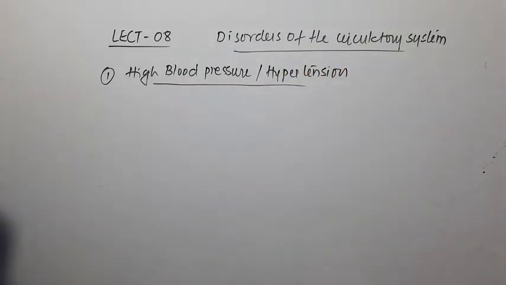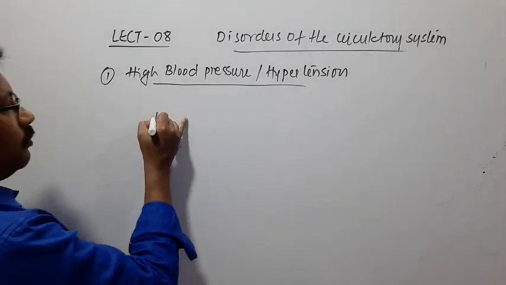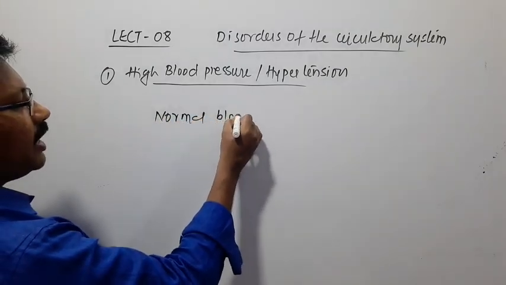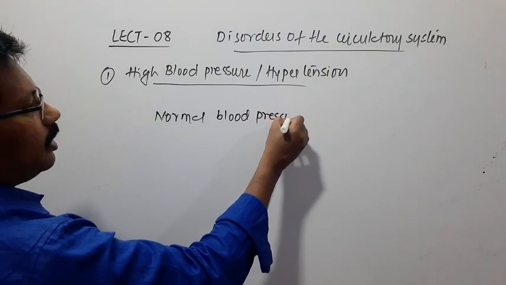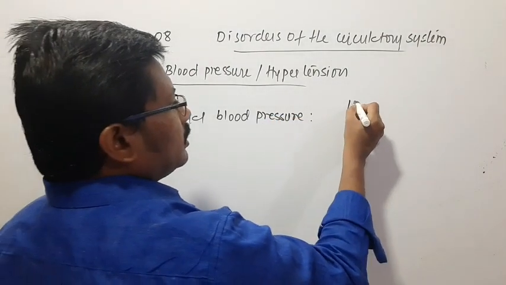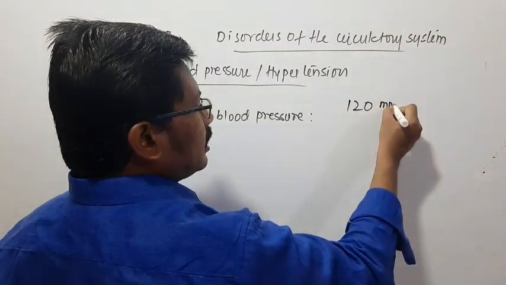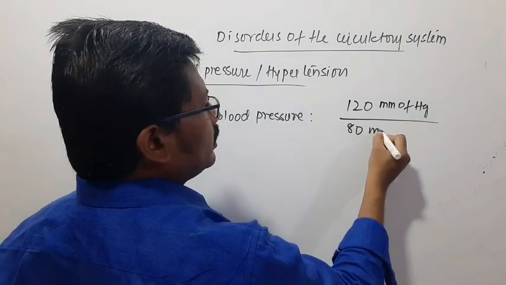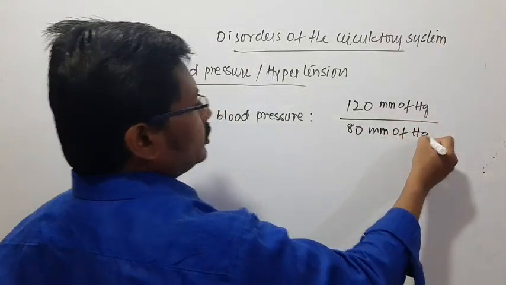Before we come to know what actually is hypertension, we have to know about the normal blood pressure. How much is this normal blood pressure? It will be taken as 120 mm of Hg by 80 mm of Hg.